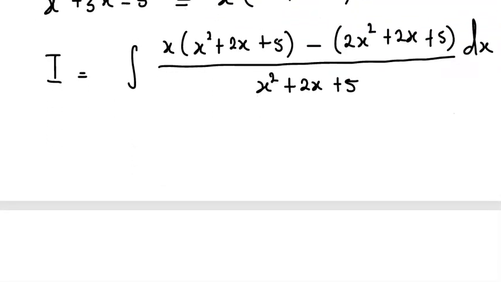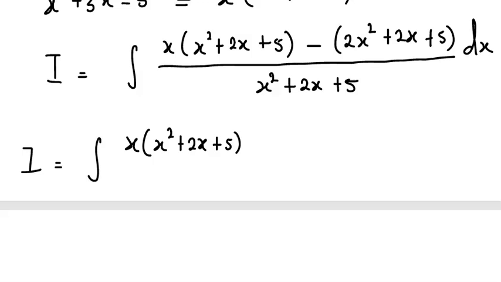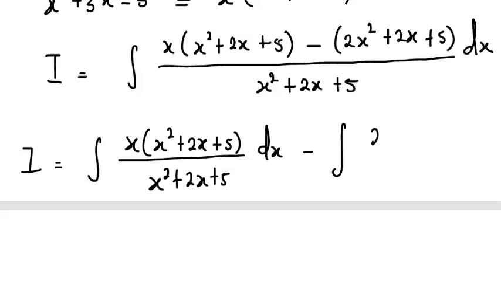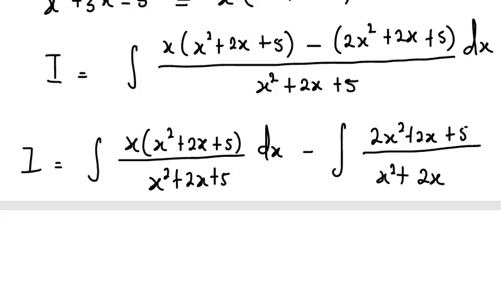Now in our next step we're going to split the denominator, right? So here I is equal to the integral of x multiplied by (x squared plus 2x plus 5), divided by (x squared plus 2x plus 5) dx, and then minus the integral of (2x squared plus 2x plus 5) divided by (x squared plus 2x plus 5) dx.